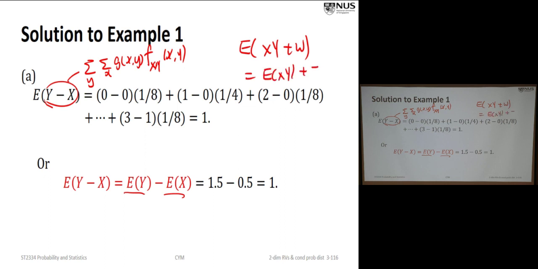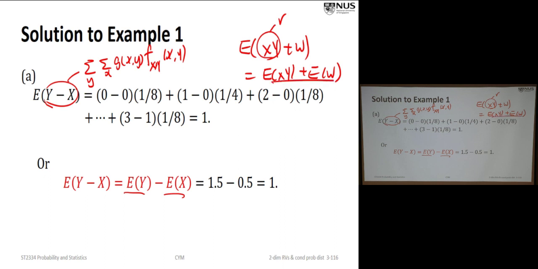Is this correct? Is this correct? If you have a hard time understanding it, x times y is a product of two random variables. So again, it's a random variable. So basically, this is a random variable. All right? You can call it v. So it's expectation of v plus u.